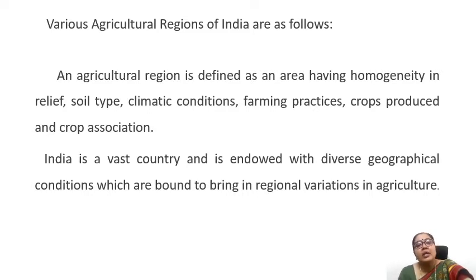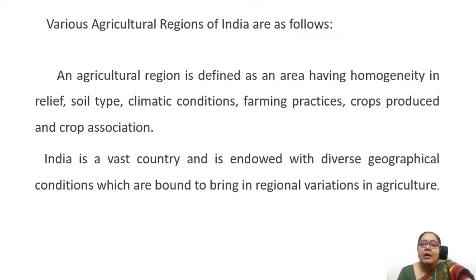So let's see how we define an agricultural region. An agricultural region is defined as an area having homogeneity in relief, soil types, climatic conditions, farming practices, crops produced, and also the crop association.